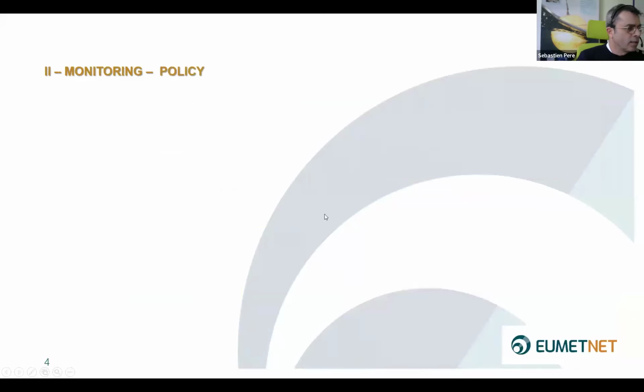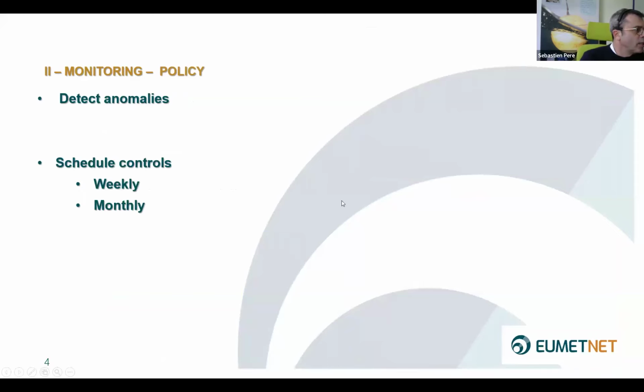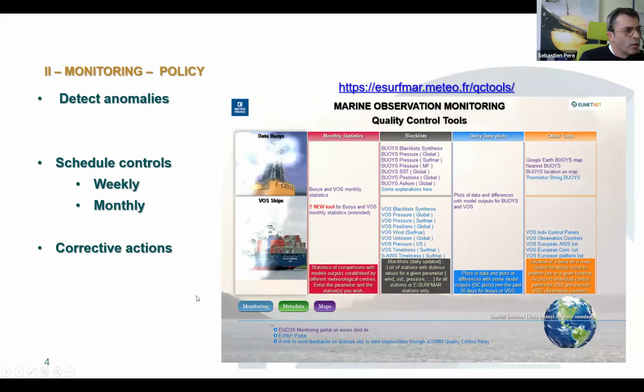So now the buoys have been deployed. Let's do monitoring: first detect anomalies, schedule control weekly and monthly, and apply corrective action. For all this monitoring, I can use the QC Tools here with the address. And it's a very simple and ergonomic tool.